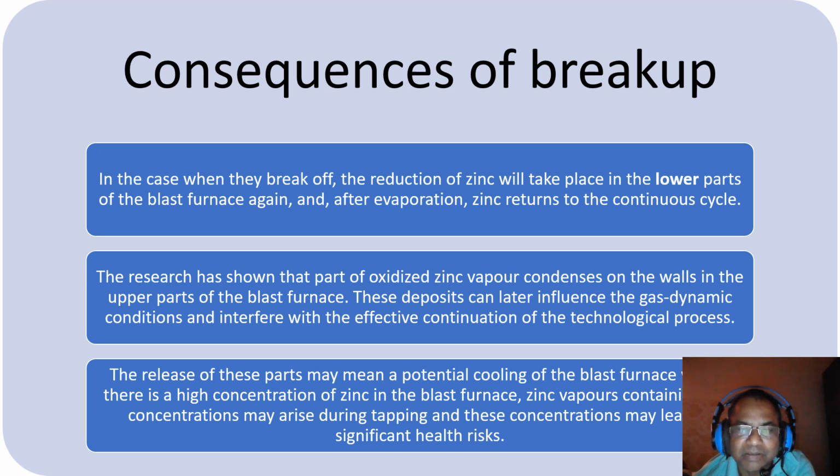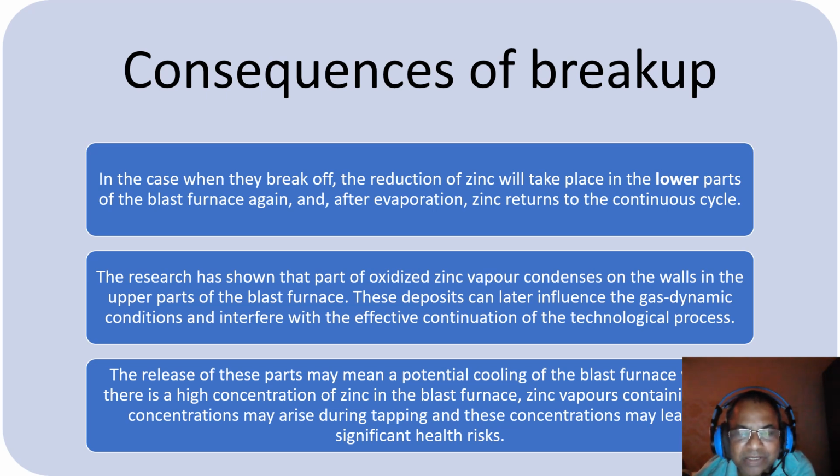And again, as this reduction is at a much higher temperature and its boiling temperature is much lower, zinc again vaporizes. So it's a sort of cycle of melting and evaporation that keeps going on, and in the process a lot of heat which is available in the lower region of the blast furnace is carried away to the top of the stack.